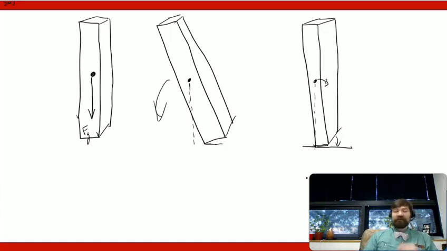Okay, so one way of looking at stability is to ask what direction the torque makes the thing want to move in. Now there's another way of looking at it, which is to ask, what is energy doing? It's a relatively stable equilibrium if torques tend to make the thing move back to the equilibrium point. It's unstable if torques make it move away from the equilibrium point.